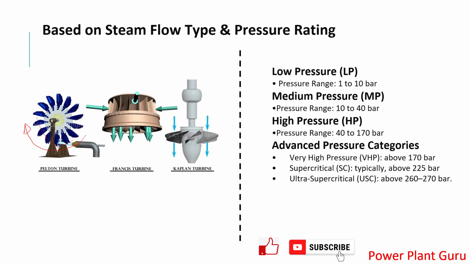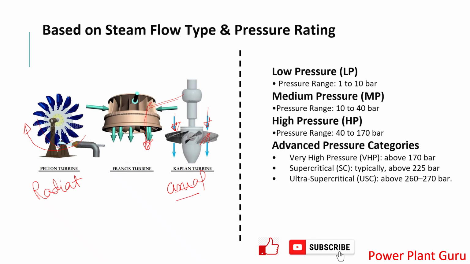Then you have another where you are putting flow through the axis of the turbine, and it glides over this, and then you have a reaction force which turns the turbine. And there is also a mixture, where first it goes one way and then comes the other way. This one is radial, this one is axial, so it is based on the direction of flow.